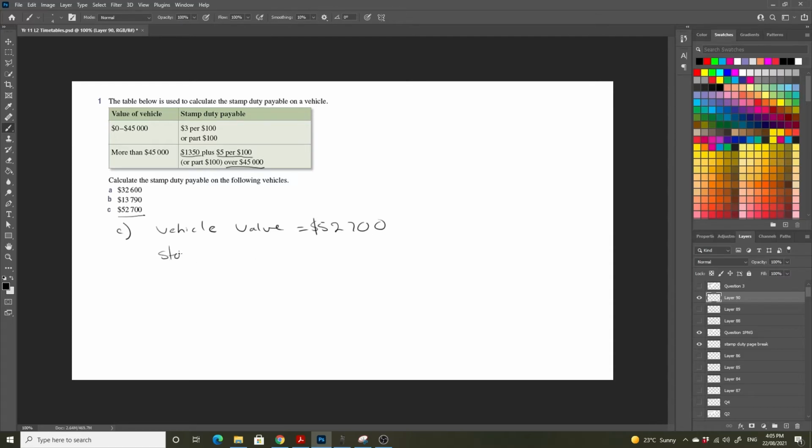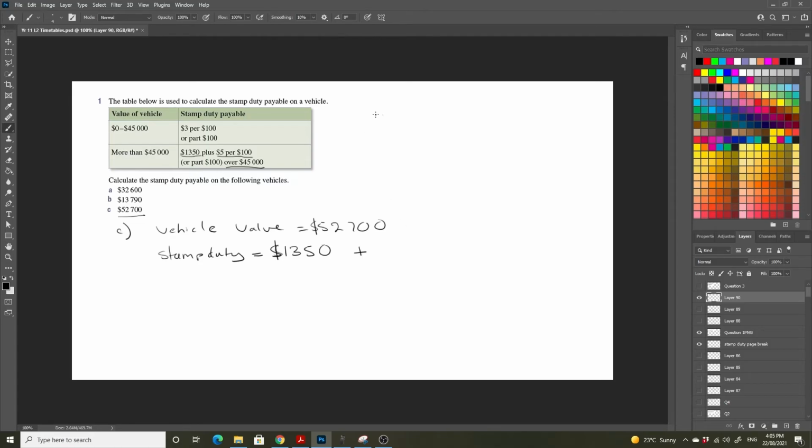Our stamp duty is equal to $1,350 plus $5 per 100 over 45,000. So in this case we need to work out the difference between 45,000 and our vehicle price.